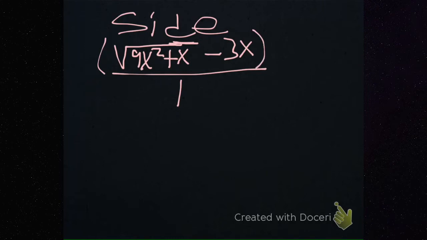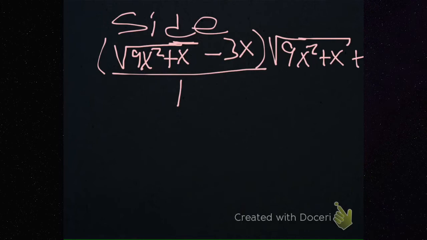So then, we're going to multiply by that conjugate. That's the square root of 9x squared plus x, minus 3x.